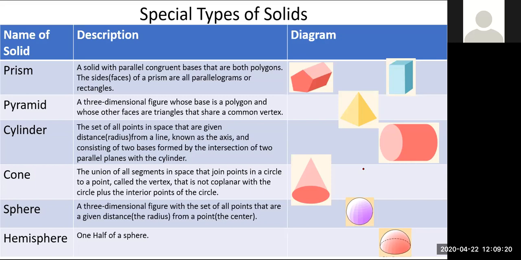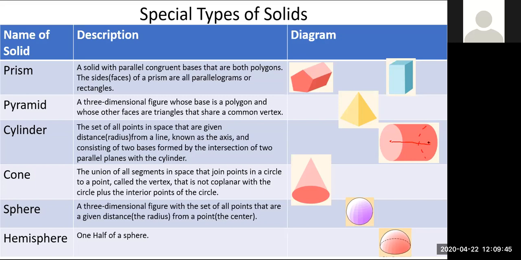For a cylinder, you have, again, a set of all points in space a given distance, which is the radius, from a line known as the axis. So if you drew a line right down the middle of that shape connecting the two centers of the circles, so I'm going to draw that right here. And if you imagine being able to see through this shape, so there's a circle on the back end, there's a center there. The line that connects them would be the axis.